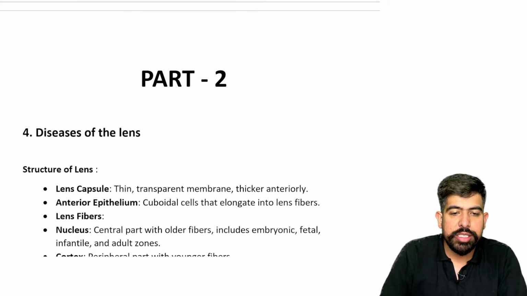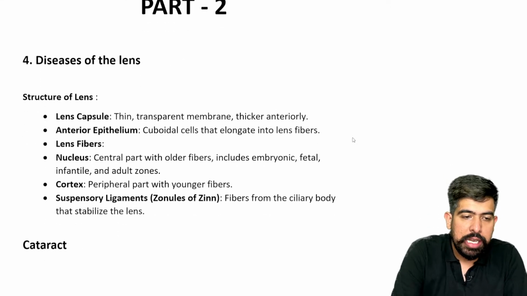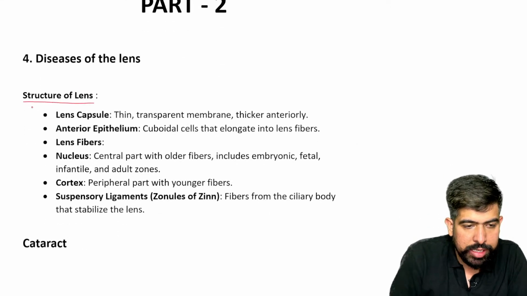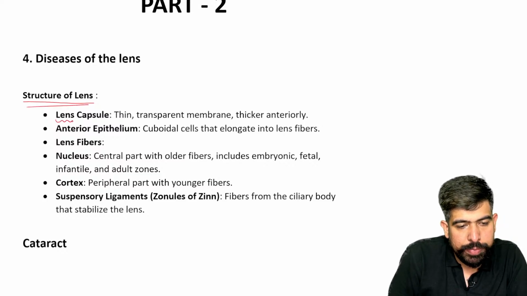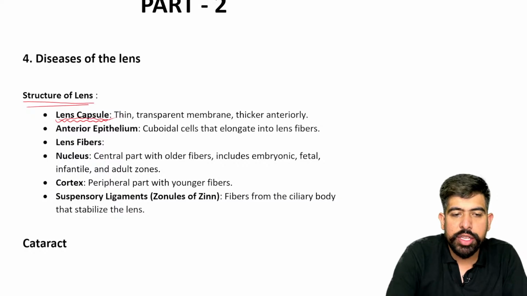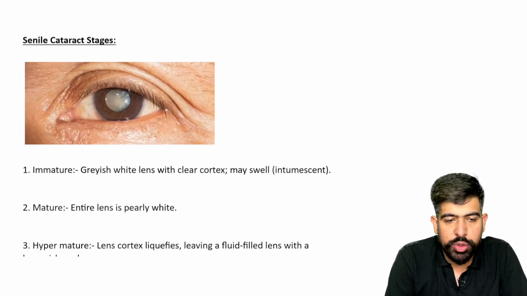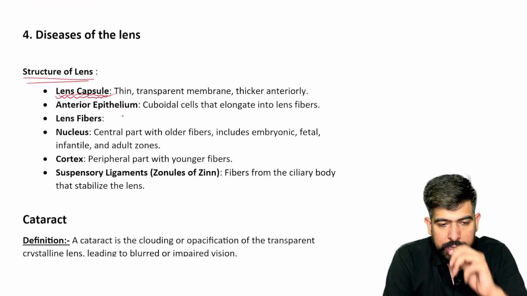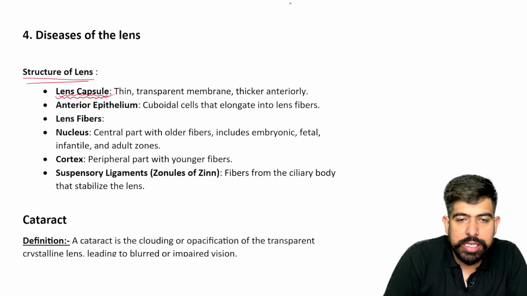Now we're starting with the structure of the lens. First of all, the outermost part of the lens, which covers the whole lens, is the lens capsule. So this is your lens covered with the lens capsule. I'm showing you by drawing a diagram how the lens is covered with the capsule.